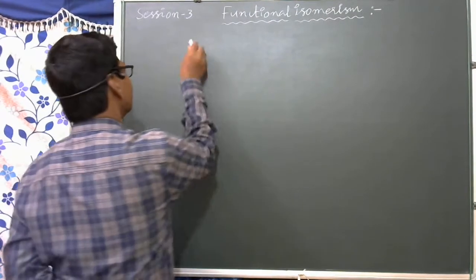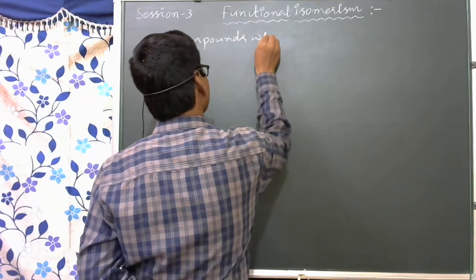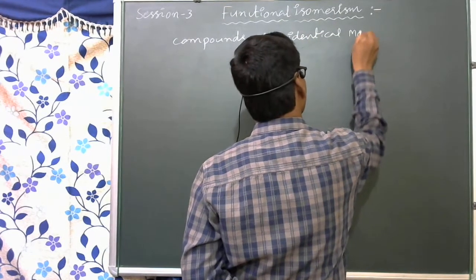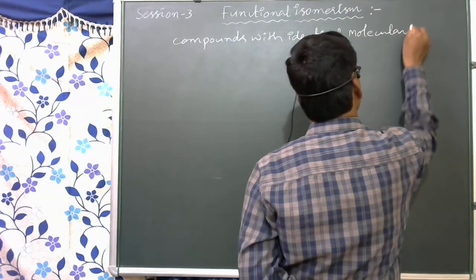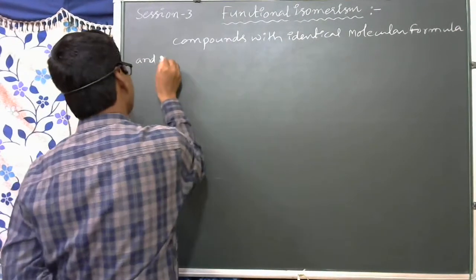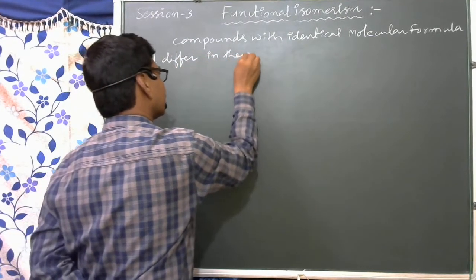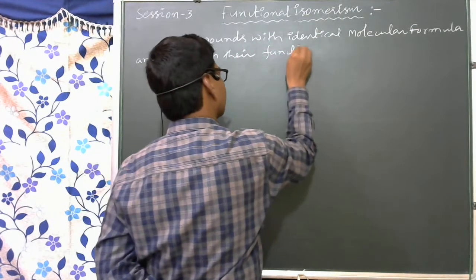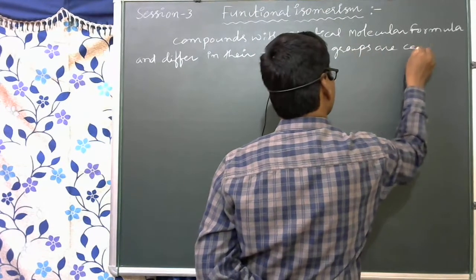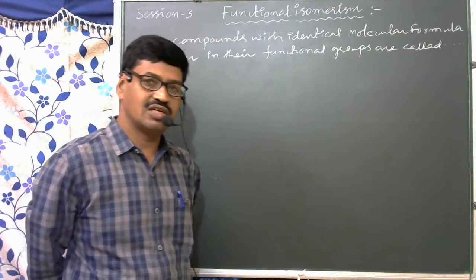So here I am writing compounds with identical molecular formula and differ in their functional groups are called functional isomers, and the phenomena involved in this are called functional isomerism.